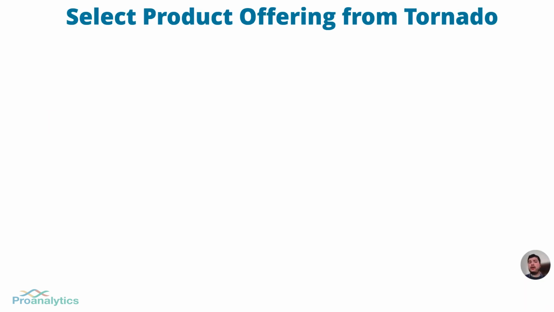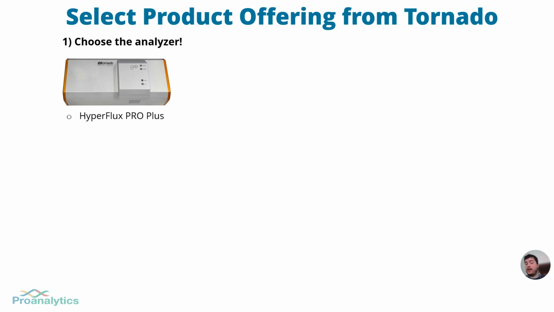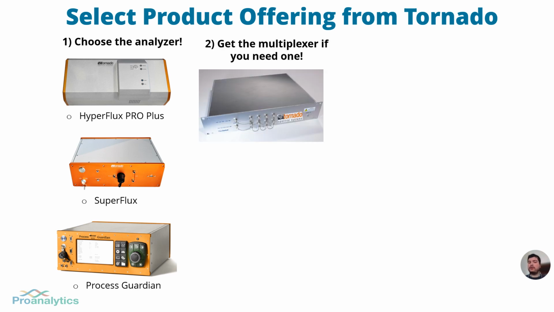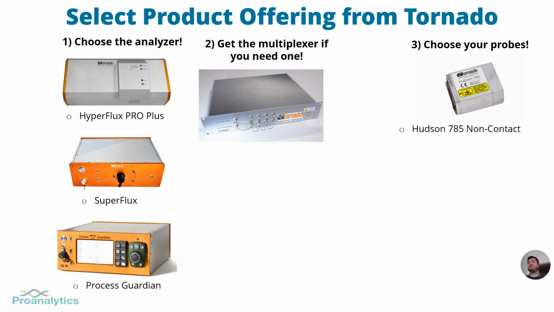So now we'll summarize the product offering from Tornado. First of all, you'll need to choose your analyzer. It can be the HyperFlux Pro Plus, the SuperFlux, or the Process Guardian. Second of all, get the multiplexer if you need one. Thirdly, choose your probes.